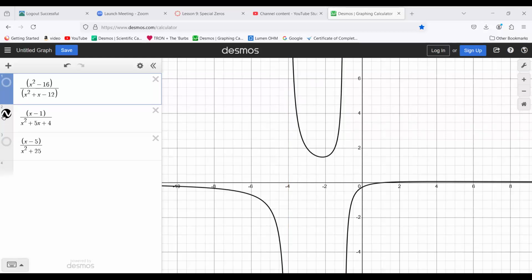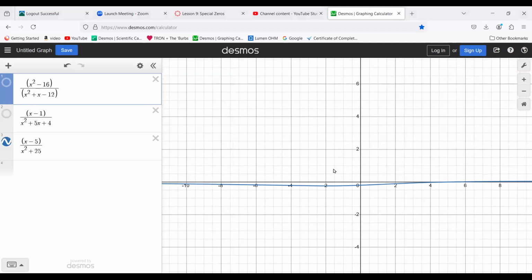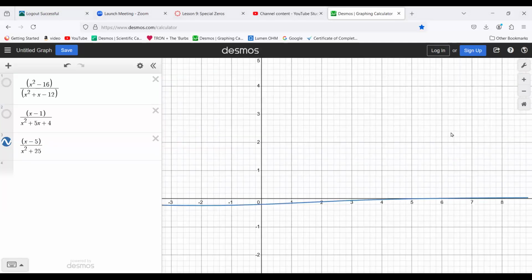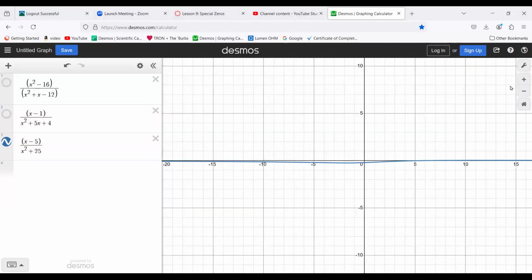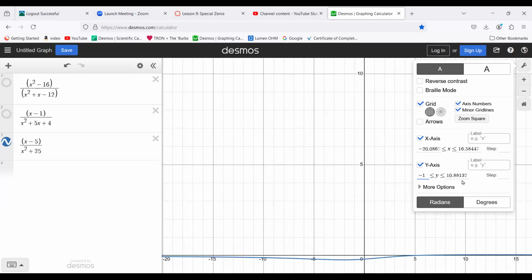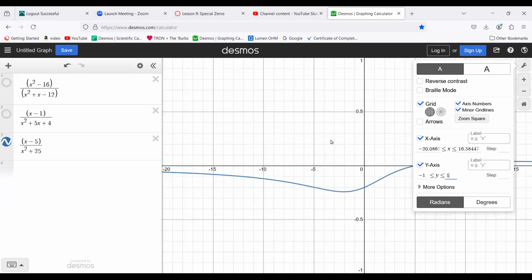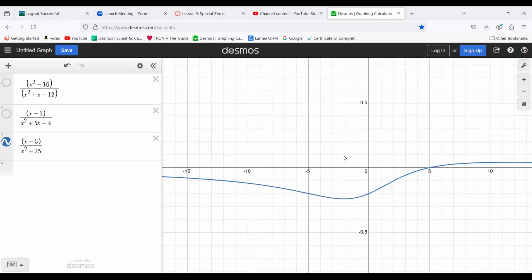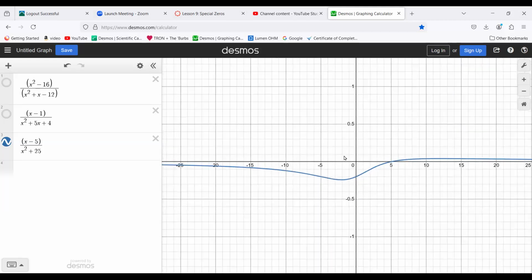And the last one we said had no vertical asymptotes. As you can see, it's just really kind of a straight line. Let me rescale my Y here. So it stays in this small area here, but there's no vertical asymptotes.